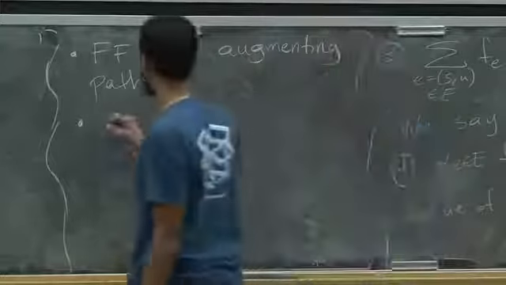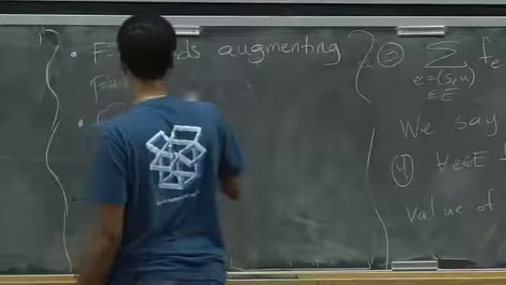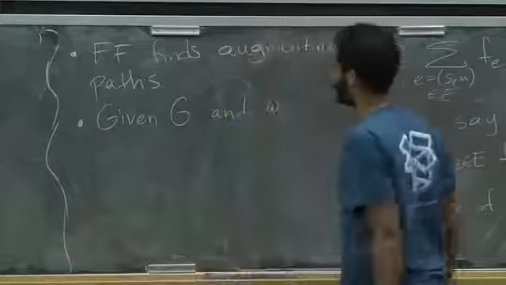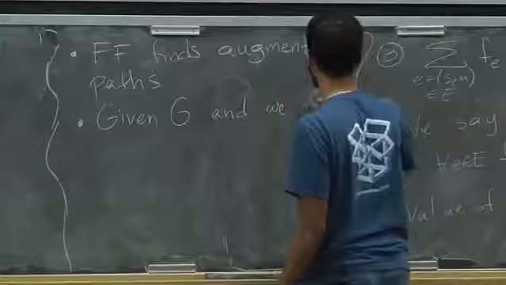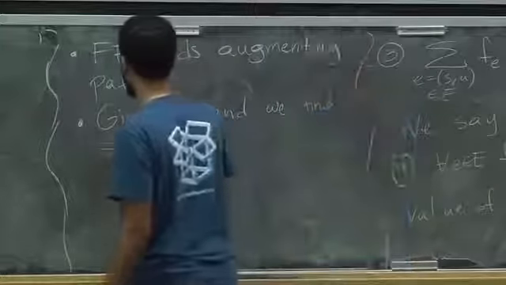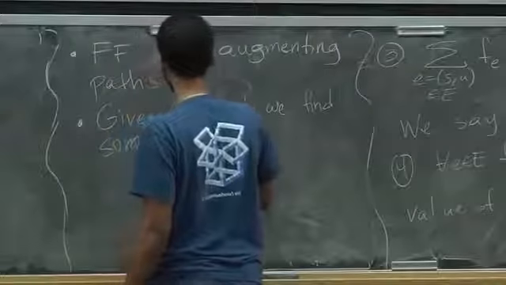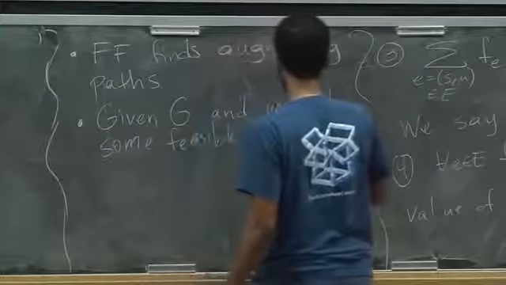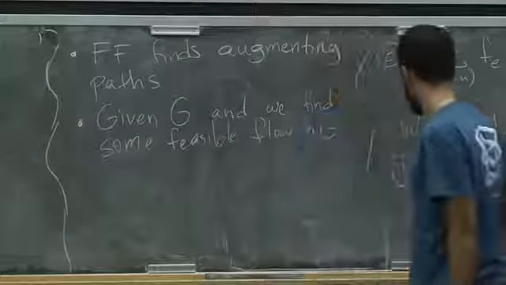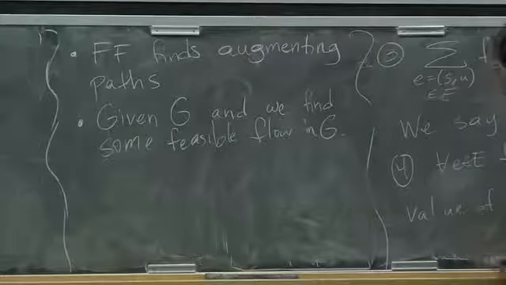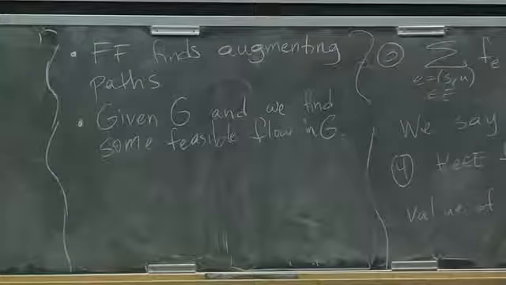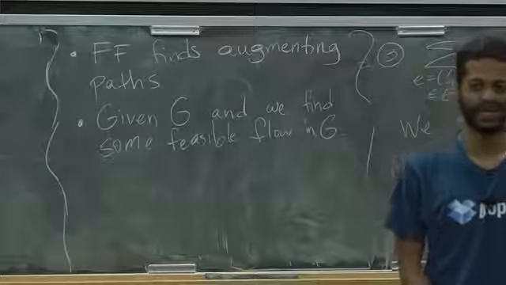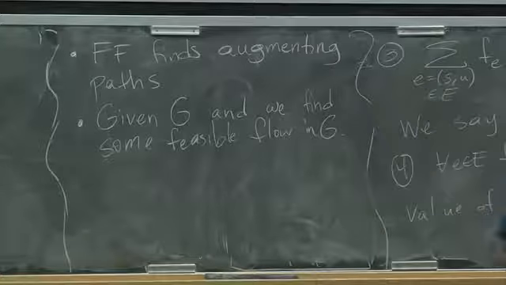We're given G, and we find some feasible flow. So what's a simple way to find, if there is one, a feasible flow that has strictly positive value?